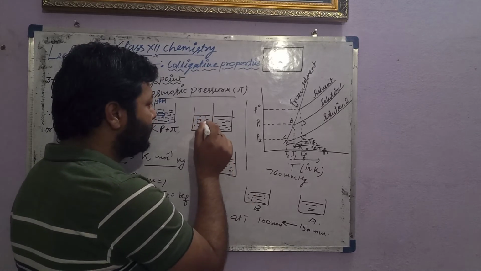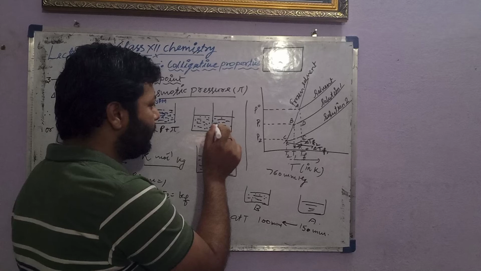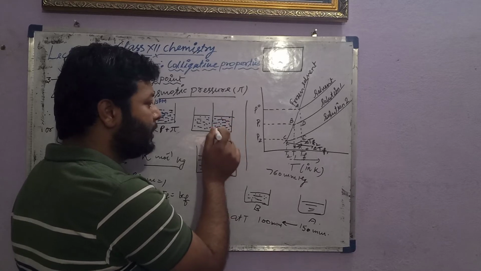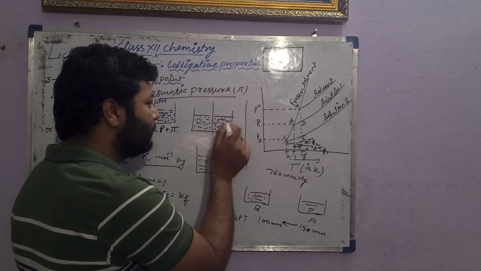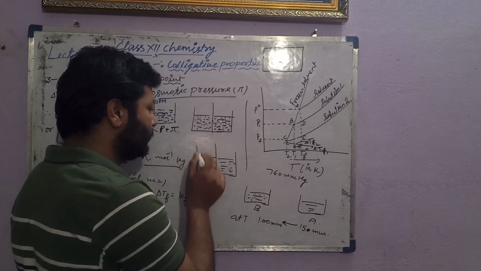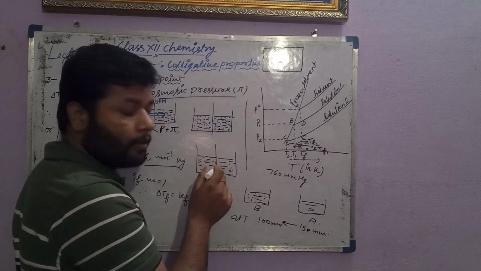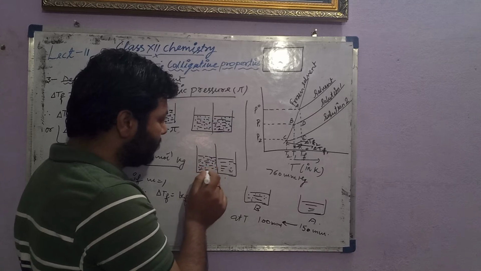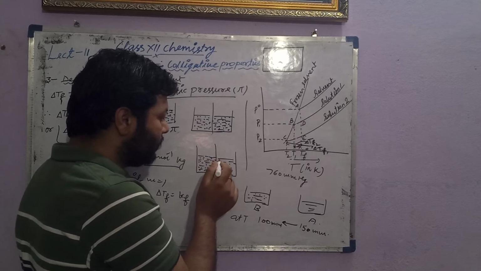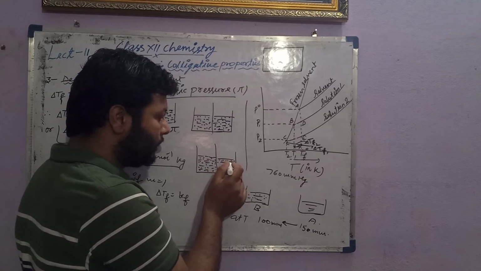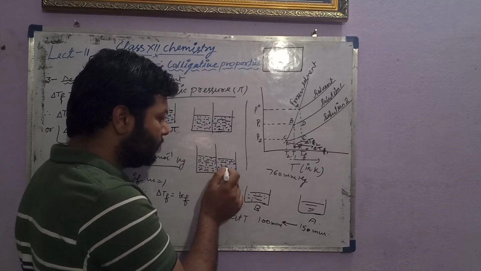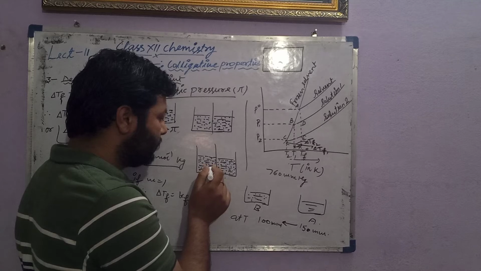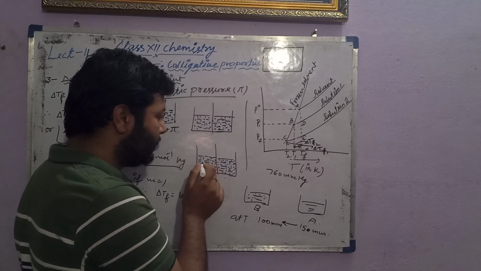Suppose I am making some solutions separated by an SPM, the semi-permeable membrane. You have to learn some examples of SPM, like gallbladder, cellular tissue plasma membrane, pig bladder, etc.